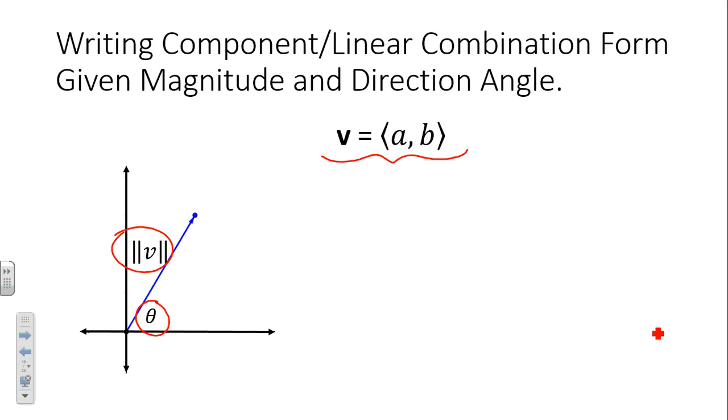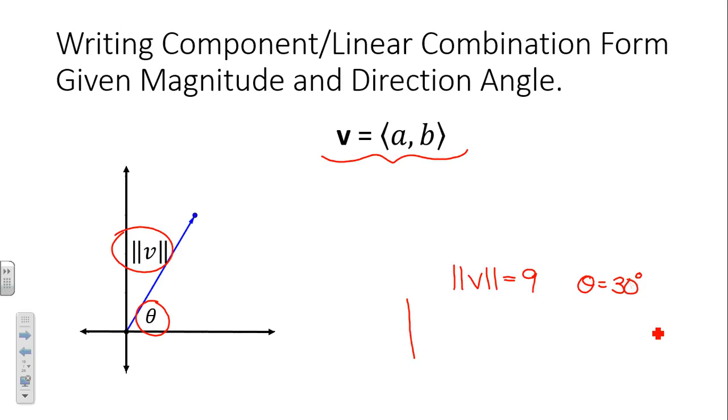Okay, so let's say our magnitude is 9. And what's your favorite angle? 30 I heard first, so our angle is 30. Although 45 came in a really quick second. Okay, so let's say that we have a magnitude of 9 and an angle of 30 degrees.